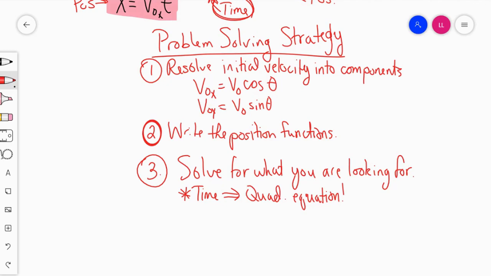If it's not ground to ground, if there is a vertical displacement, this is where you would use the quadratic. Okay, so if I have a vertical displacement, that is now my quadratic equation. Okay, that's where I'm going to do that. If you don't have a vertical displacement, you can just treat it as if it was a parabola from math class. Okay, especially if you take Algebra 2, where you spend a lot of time doing parabolas.